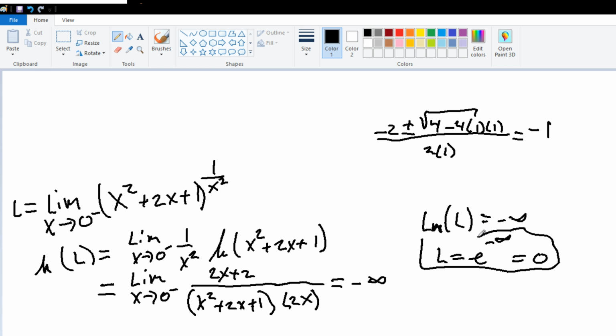So this would give us a limit that exists. On the other hand, if we had a positive infinity, going from the right, then the natural log of L is infinity, which means that L equals e to the infinity, which is infinite. So that's how you'd handle both of those cases, even though the two-sided limit doesn't exist on this.